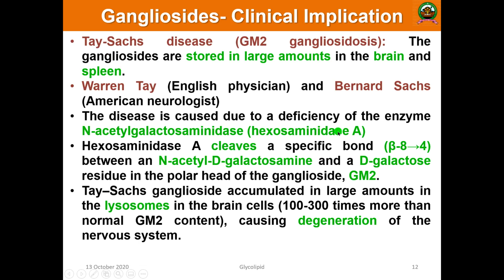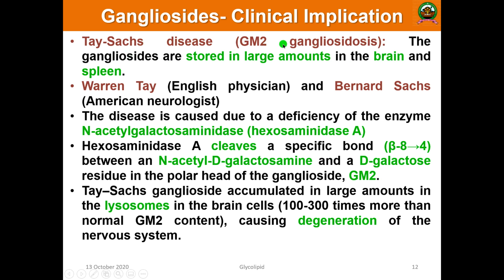Then like glycolipids or cerebrosides, in the case of ganglioside also there are important biochemical implications. That biochemical implication is known as Tay-Sachs disease or GM2 gangliosidosis.